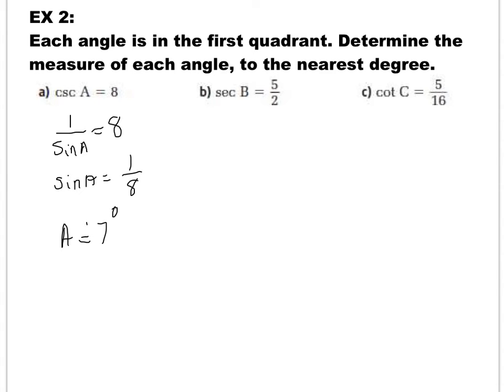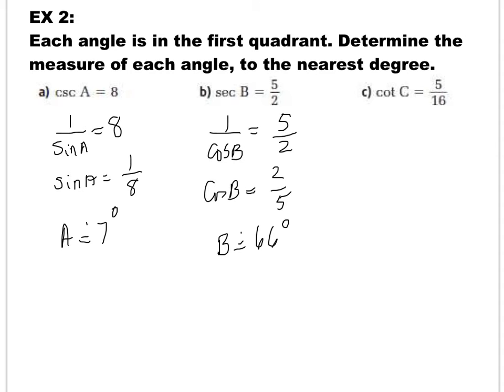Now for the second one, secant of B can be written as 1 over cos B is equal to 5 over 2. Now I'm going to flip both sides. I get cos B is equal to 2 over 5. So B is about how much? 66 degrees.